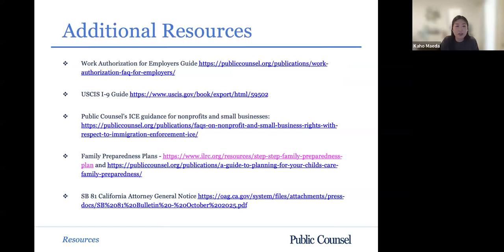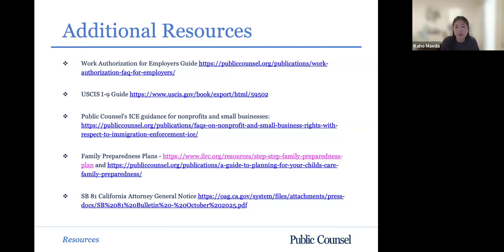These are a couple other additional resources. I won't run through them all just in the interest of time, so we can keep some time for Q&A. But these are more general resources related to immigration enforcement, the I-9s, which is the employment eligibility verification forms that Ritu was talking about. Again, if you receive an I-9 audit, you want to contact either Public Counsel or another attorney before responding.